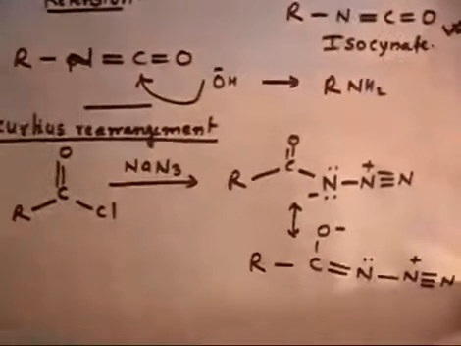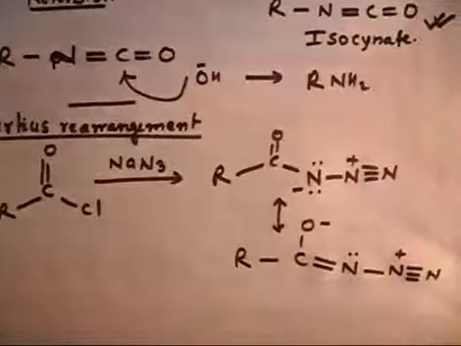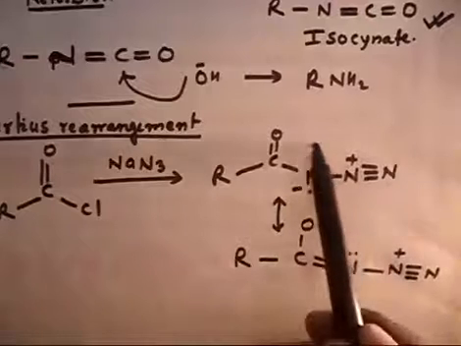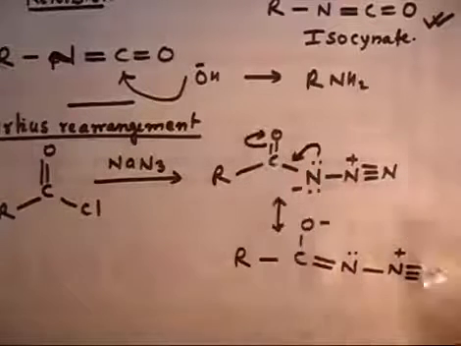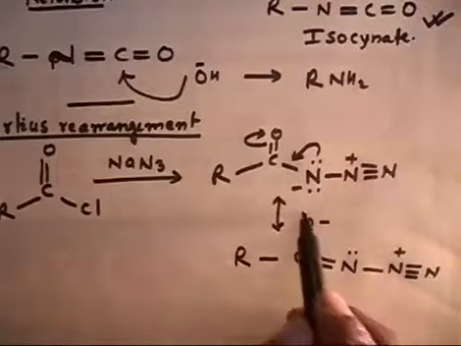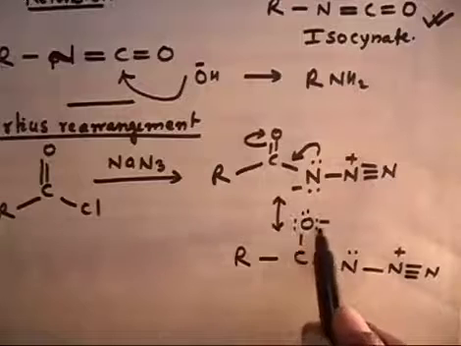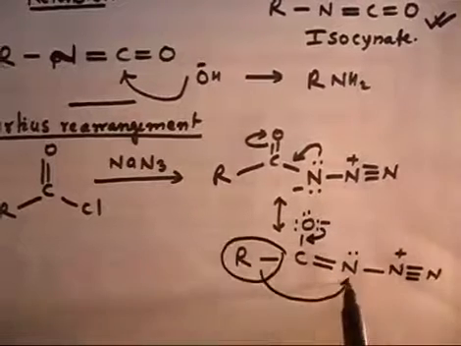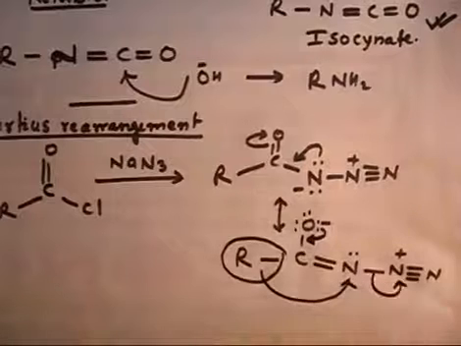Now you are able to see. So you can write a resonating structure of this molecule something like this. What I have done is, this lone pair goes here, this lone pair goes here. Now what happens in the next step? This lone pair comes here, and this alkyl group goes here, and this goes here.